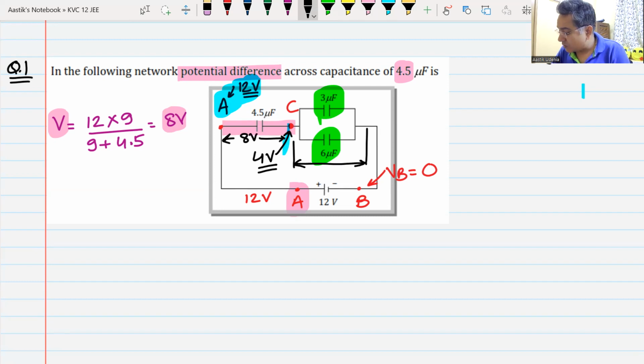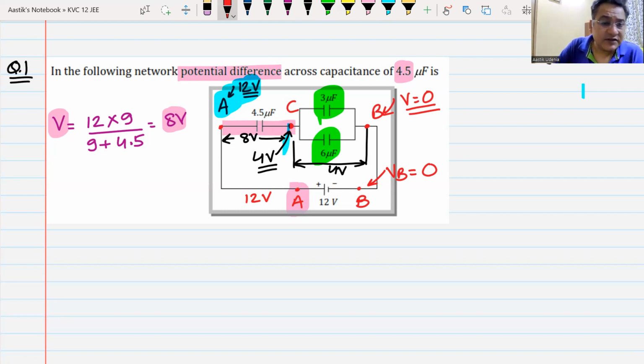It must be 4 volt. This is point B, so this is also point B. The potential of this point is 0. So what is the potential of point C? It is 4 volt. So no matter how you would have done it, you would have ended with the same result. Do we understand this?